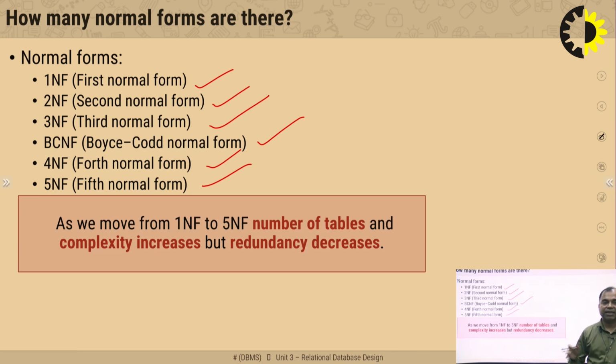We save more memory, and the database is complex, but the query is easy. We can find any type of query from that database. This is the beauty of normalization: as we move from the first to the fifth normal form, we get an increase in complexity and a decrease in redundancy.